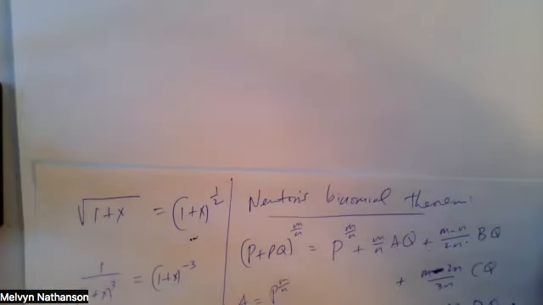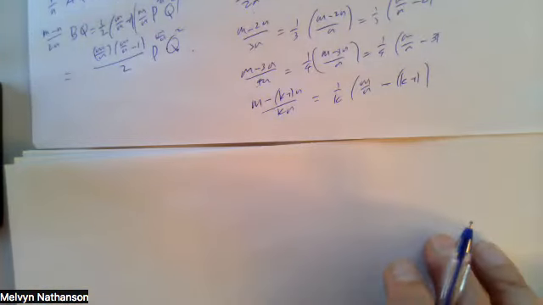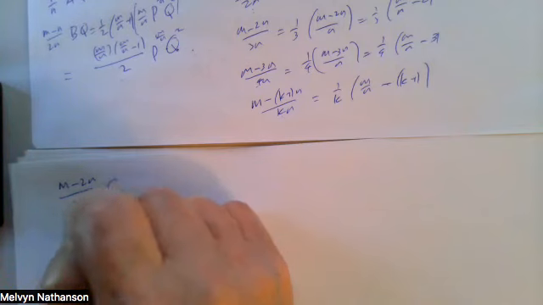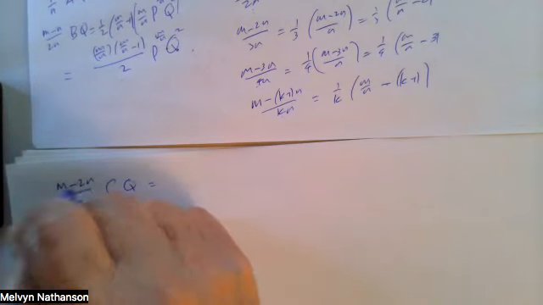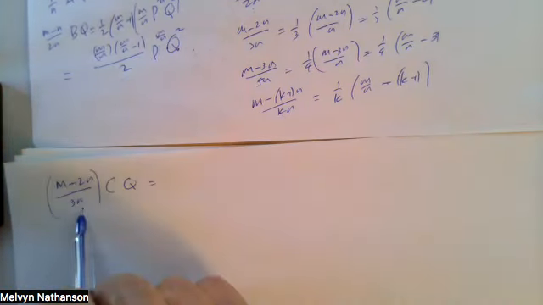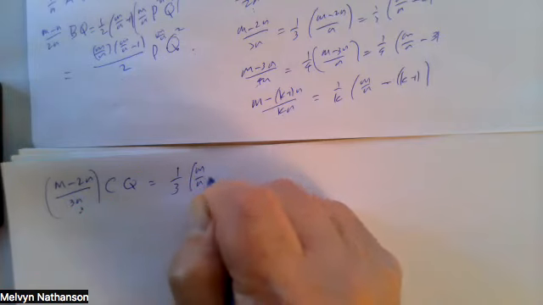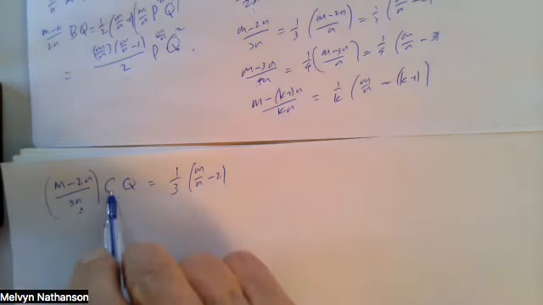Let me calculate one more term. So the next term is (m minus 2n) over 3n cq. (m minus 2n) over 3n is 1 over 3 (m over n minus 2).